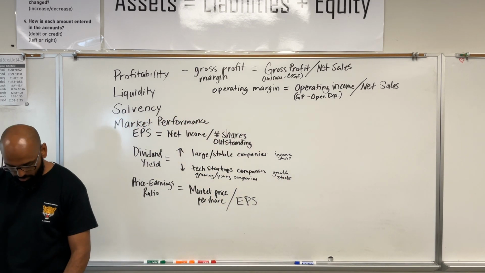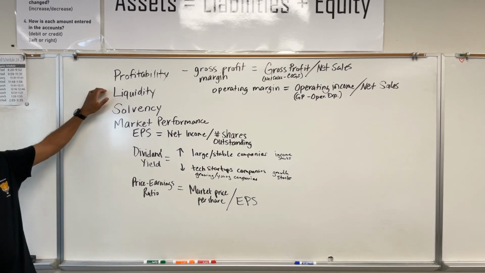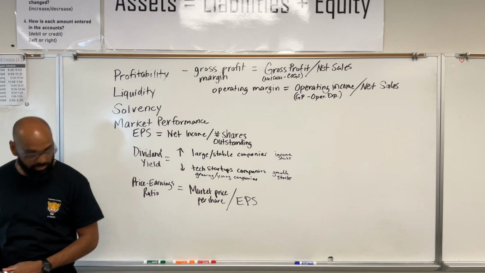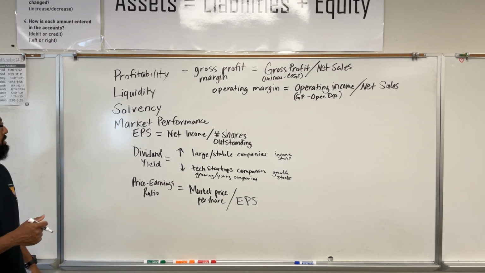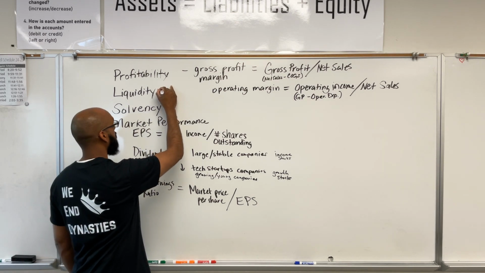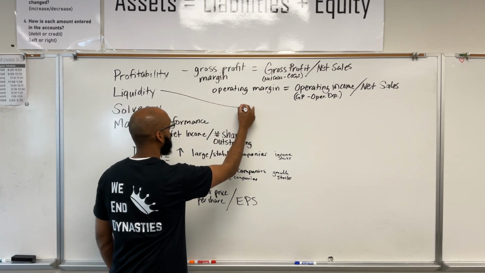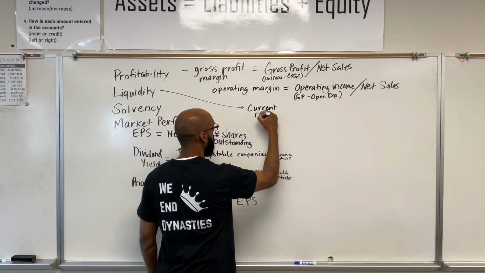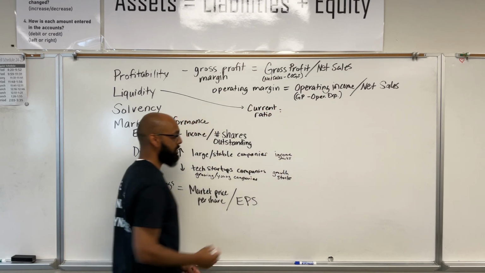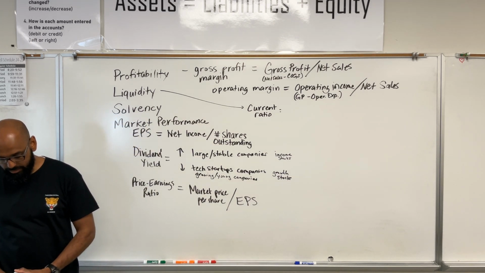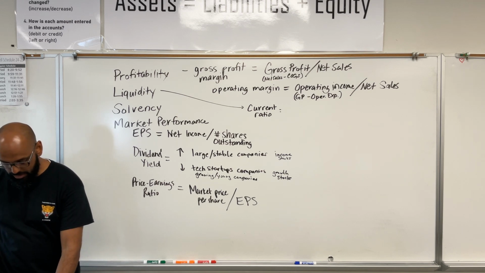All right, liquidity ratios. So jumping back up here, liquidity ratios, your ability to pay your debts. You have your current ratio, which equals your current assets divided by your current liabilities.